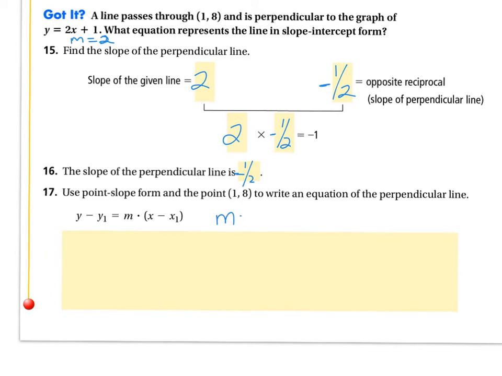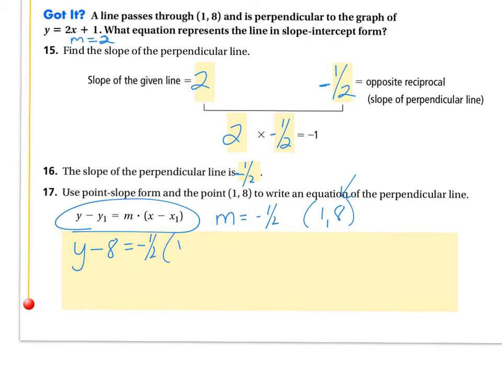Well, now I have a slope, and I have a point, and I'm able to use the point-slope form to create a line. So y minus y sub 1, which is 8, equals m, which is negative 1/2, times x minus x sub 1, which is 1.